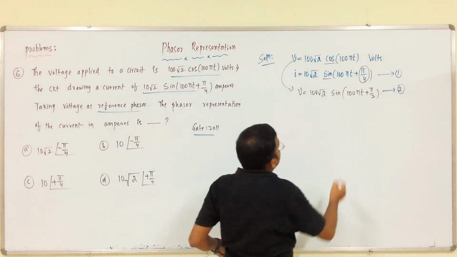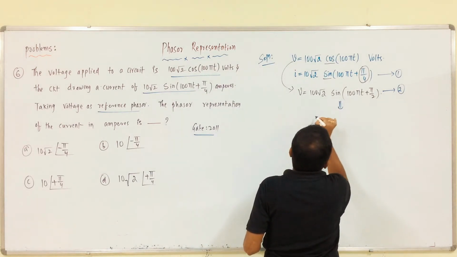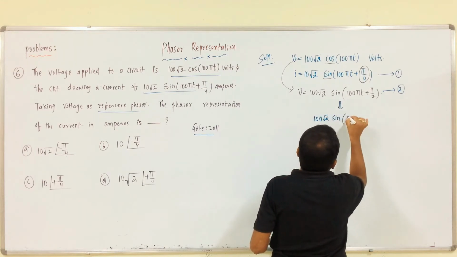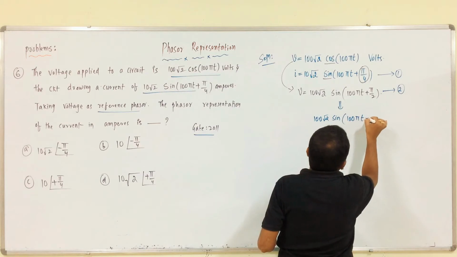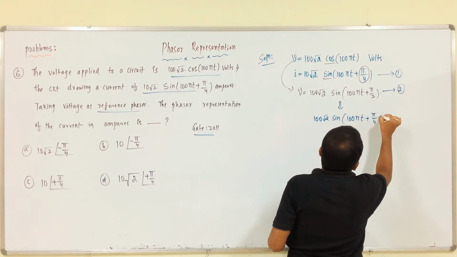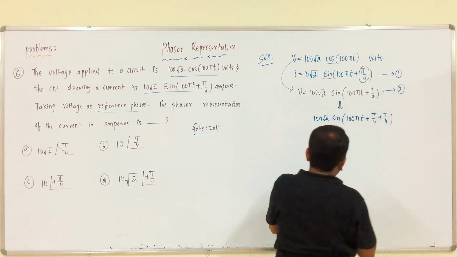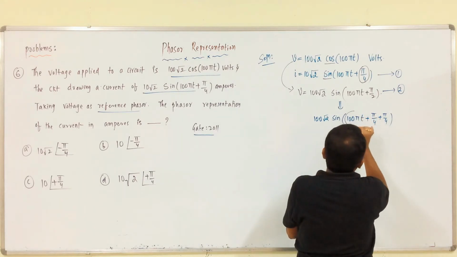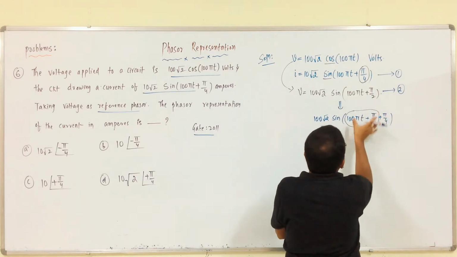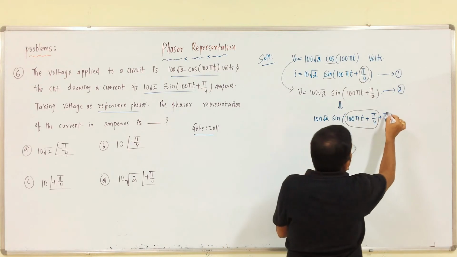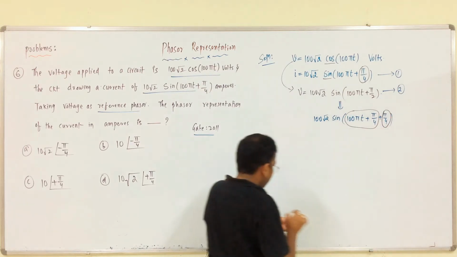You can write this as 100 root 2 sin (100 pi t plus pi by 4 plus pi by 4). The frequency is the same, so it is ahead by 45 degrees.